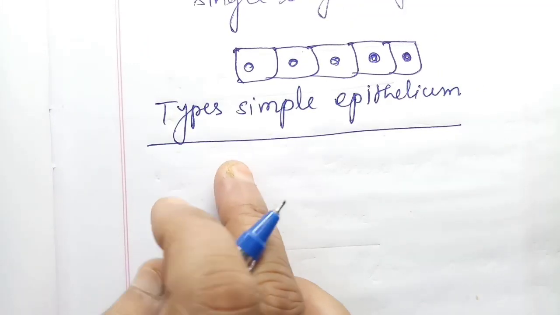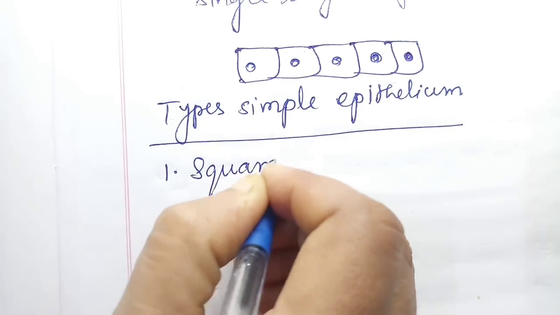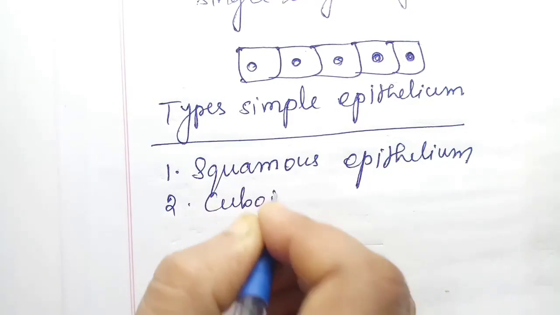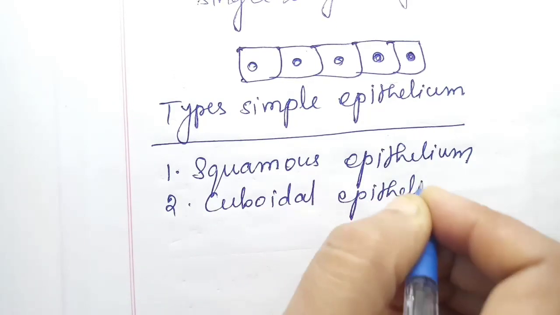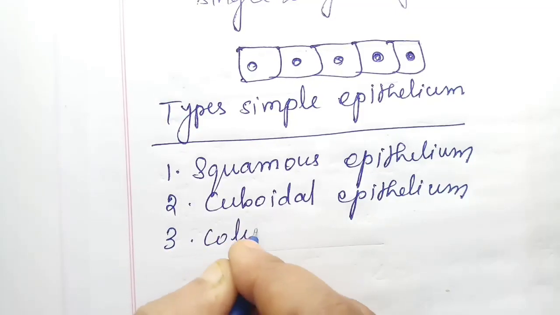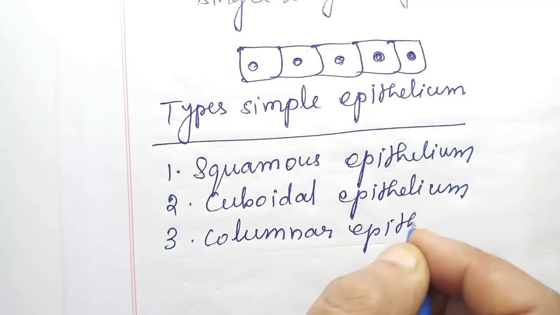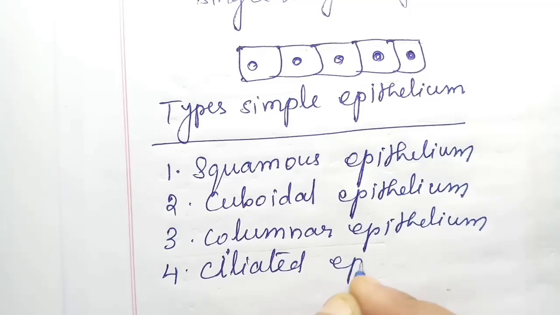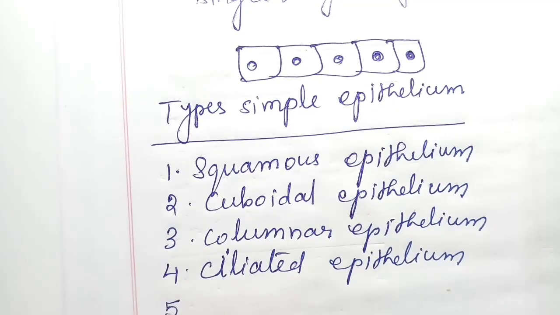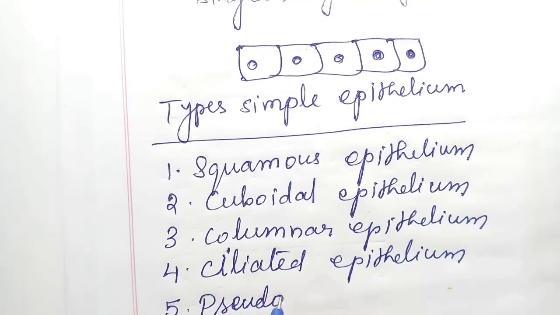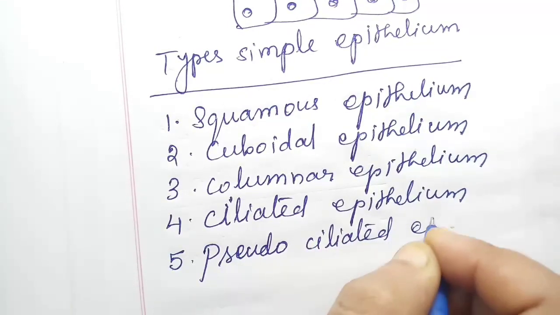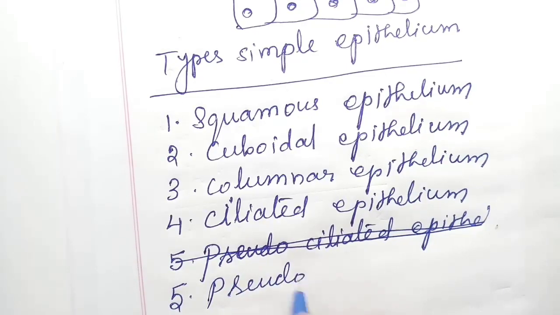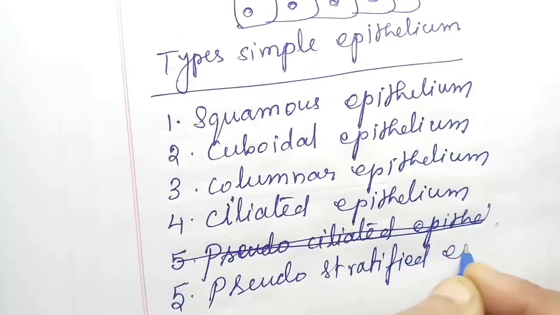Now, we are going to see the types. Squamous epithelium, next one is cuboidal epithelium, third one is columnar epithelium, fourth one is ciliated epithelium, fifth one is pseudo-stratified epithelium.